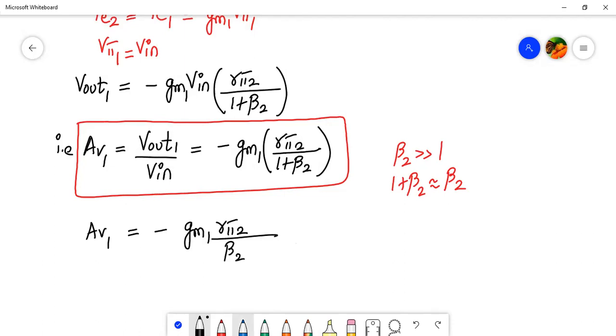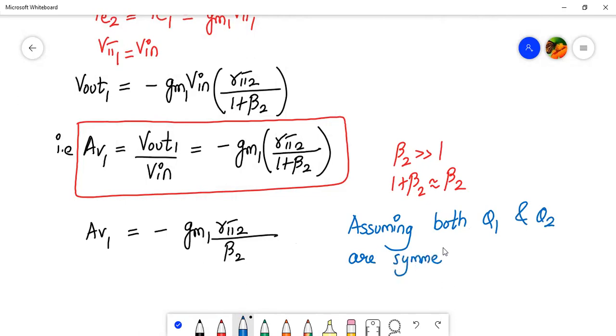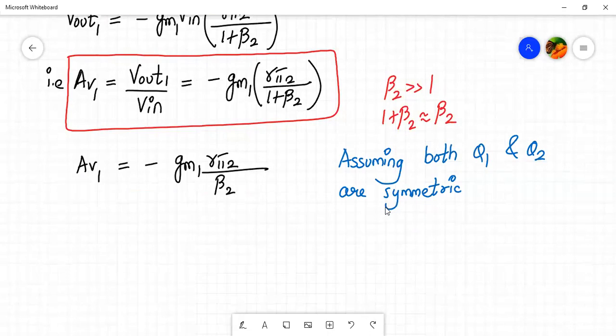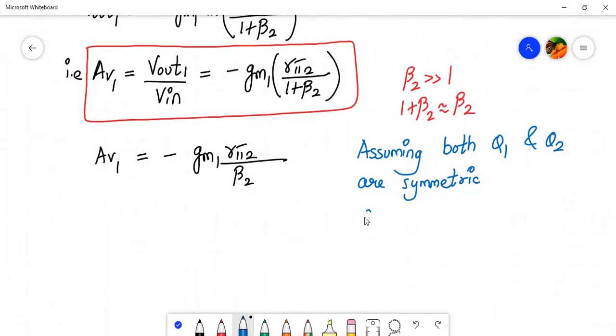Now, assuming both the transistors, Q1 and Q2, are symmetric. What does that mean if they are symmetric? Then we can write GM1 will be equal to GM2 and R pi 1 will be approximately equal to R pi 2.